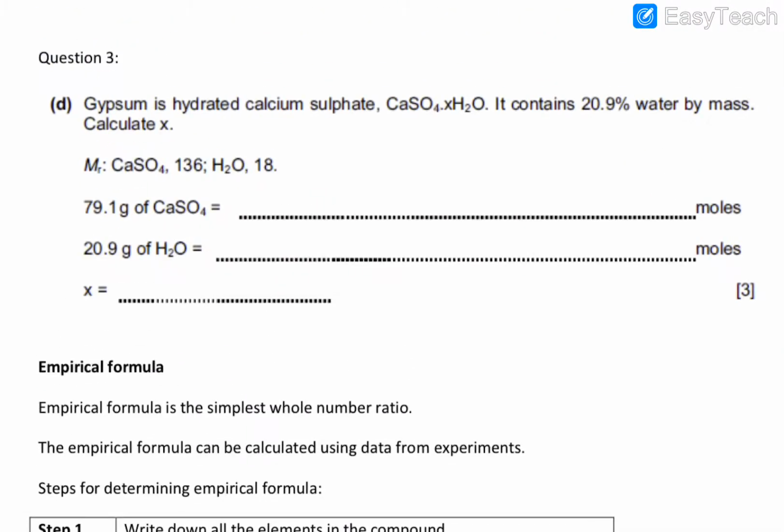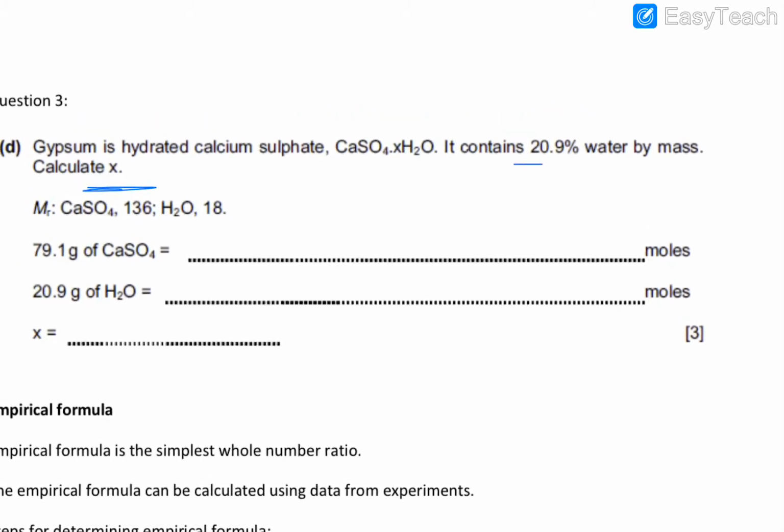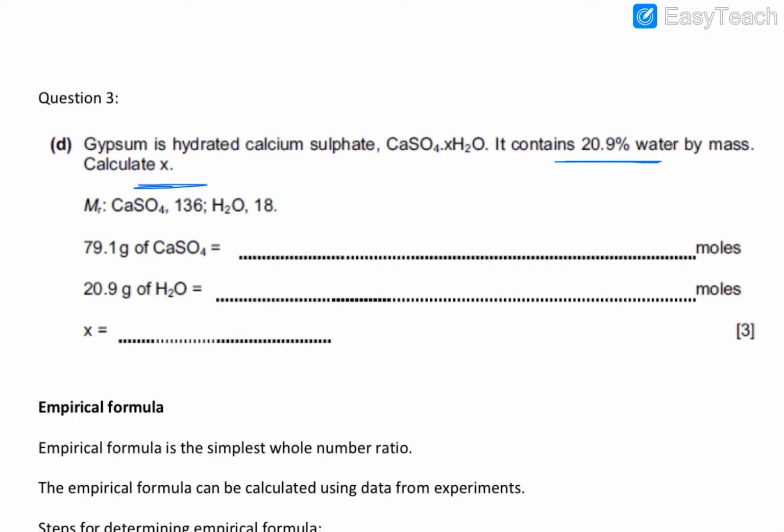Then you have this question about gypsum. You need to calculate the value of X. So it contains 20.9% of water, and you need to find the number of moles in this grams of calcium sulfate.